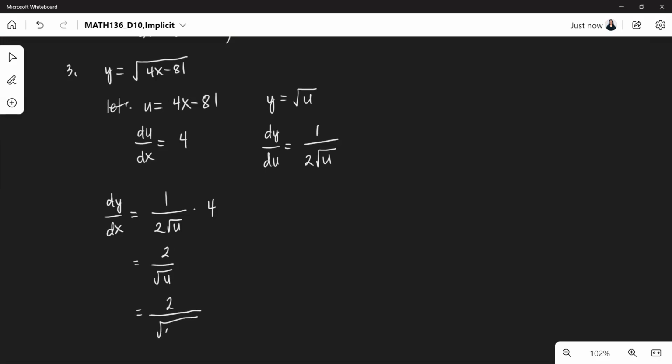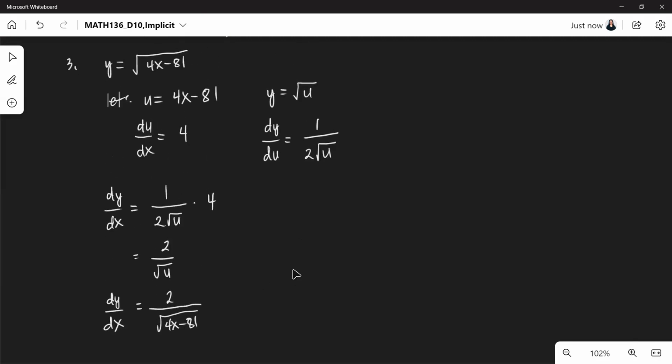So square root of 4x minus 81. All right. So if using one of the differentiation rules mentioned last time, you can directly get the derivative. The derivative of 4x minus 81 is 4, and then over 2 square root of u.